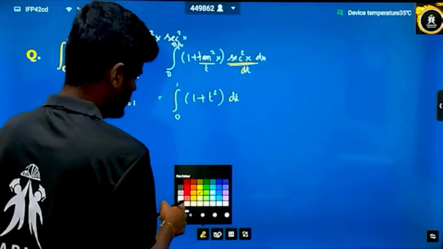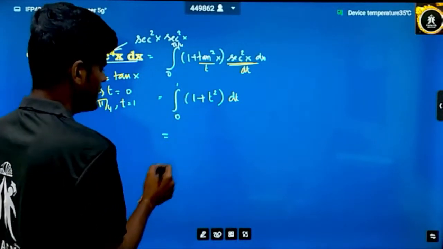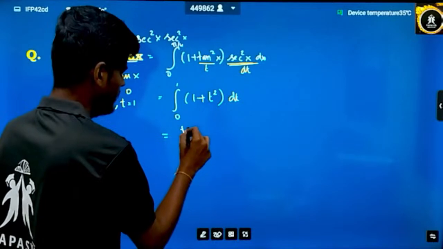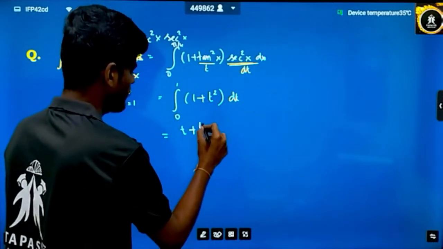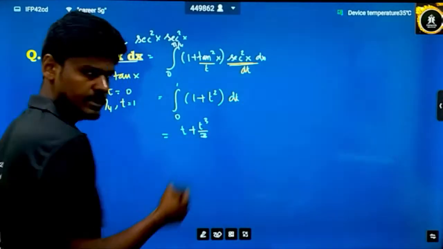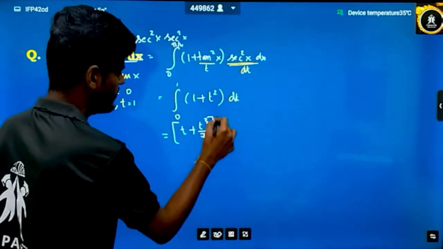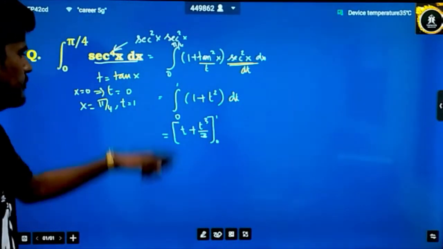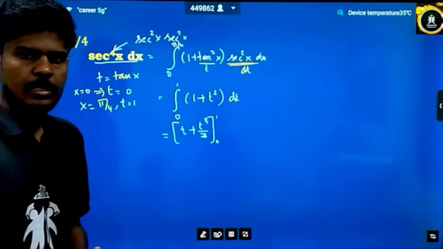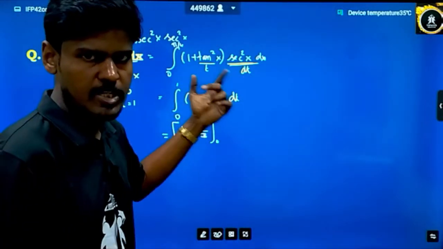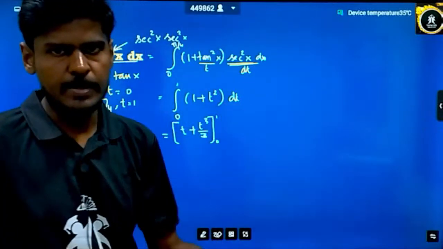Okay, now we can evaluate this. Integration of 1 dt is t, plus t cube by 3. Now we apply the limits, between 0 to 1. Suppose you are not changing the limits here, then you need to write this t in terms of x and then apply the limit.